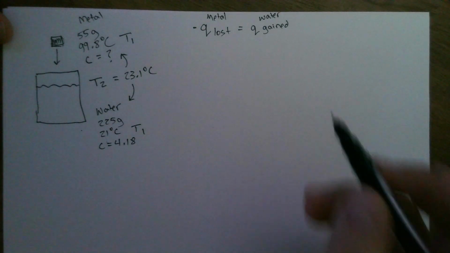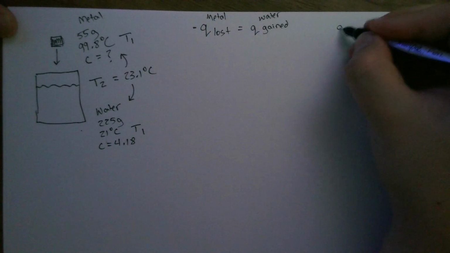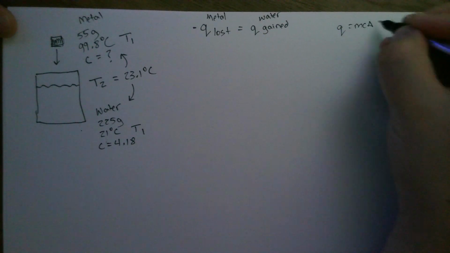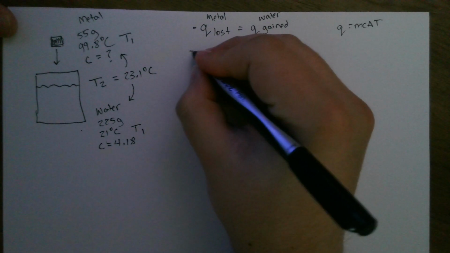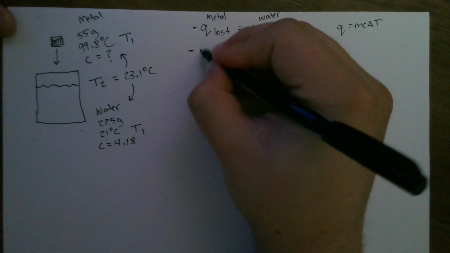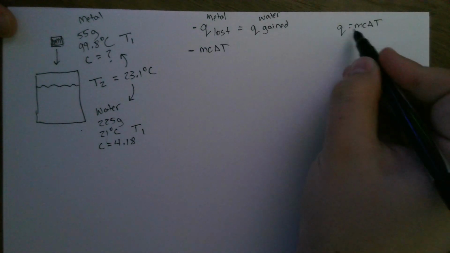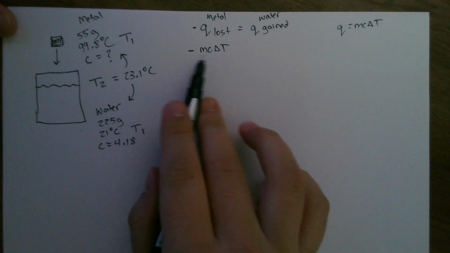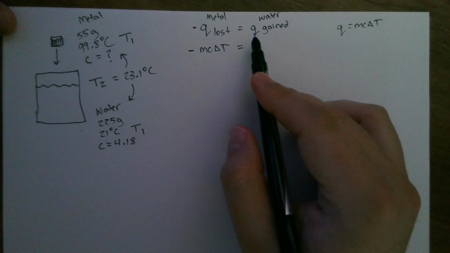So what we can do is use MCΔT. Q equals MCΔT. And plug that in for both of these Q's. Now this one has a negative sign. So I'm just going to keep that negative sign in for Q. I'm going to plug in MCΔT. This would be the MCΔT of the metal. Over here on the right, I have Q gained.